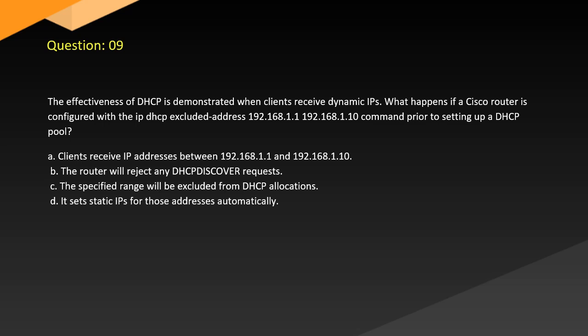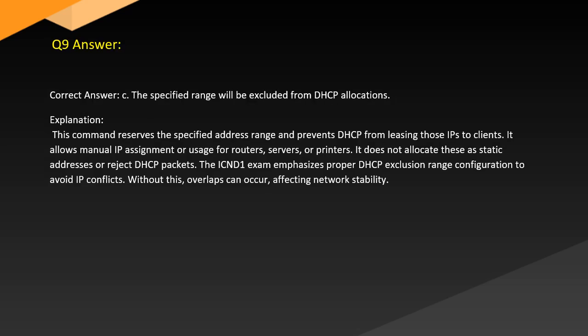B. The router will reject any discover requests. C. The specified range will be excluded from DHCP allocations. D. It sets static IPs for those addresses automatically. Answer. Correct answer: C. The specified range will be excluded from DHCP allocations.